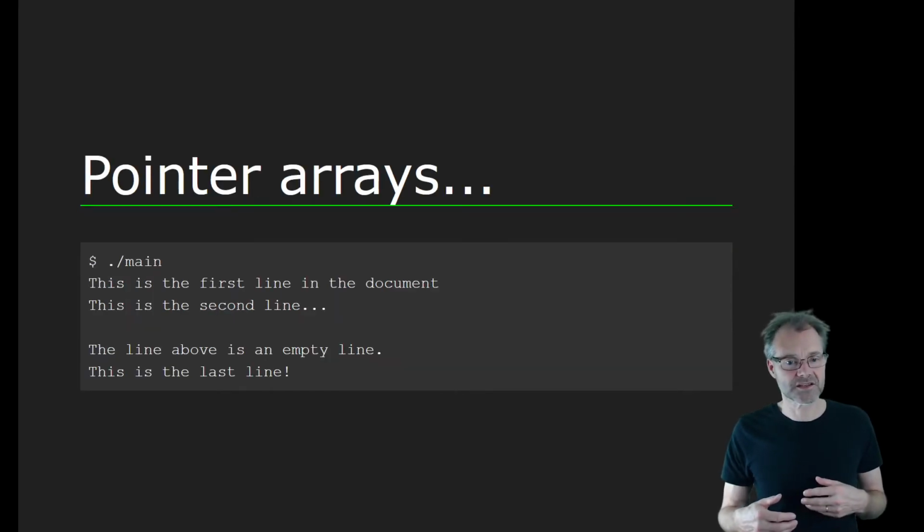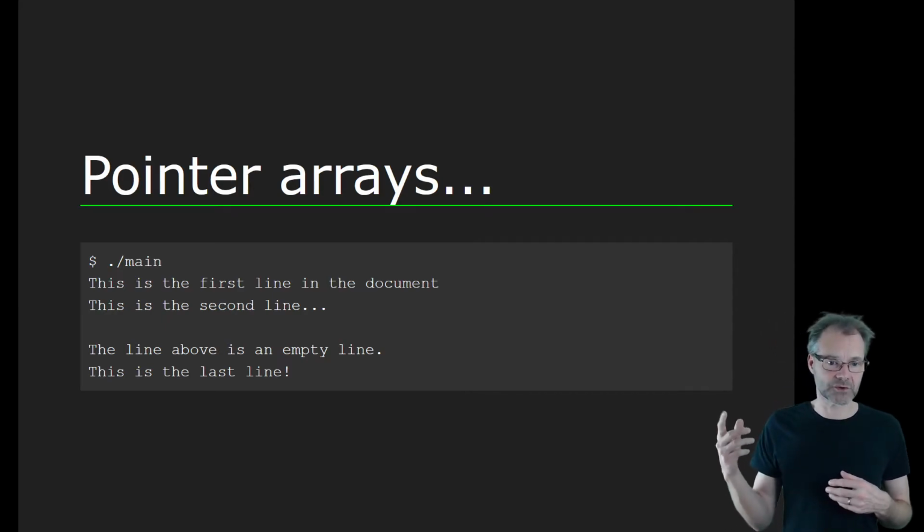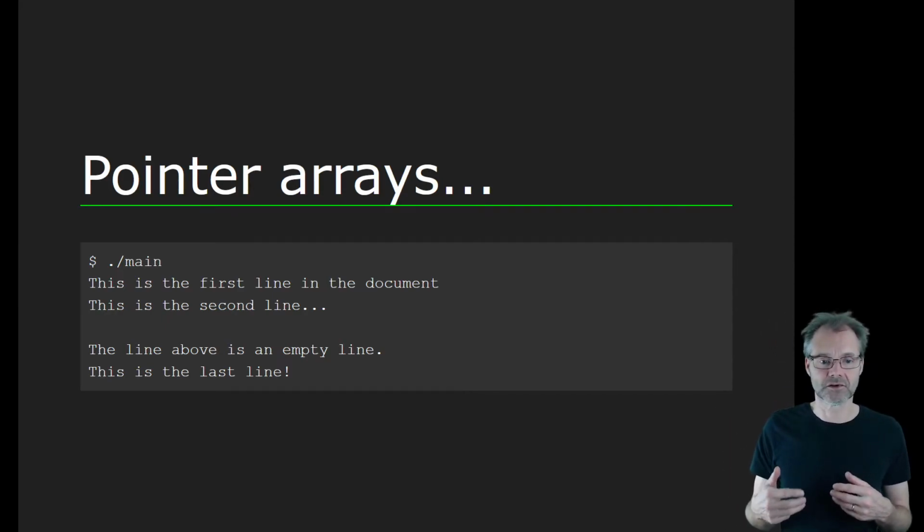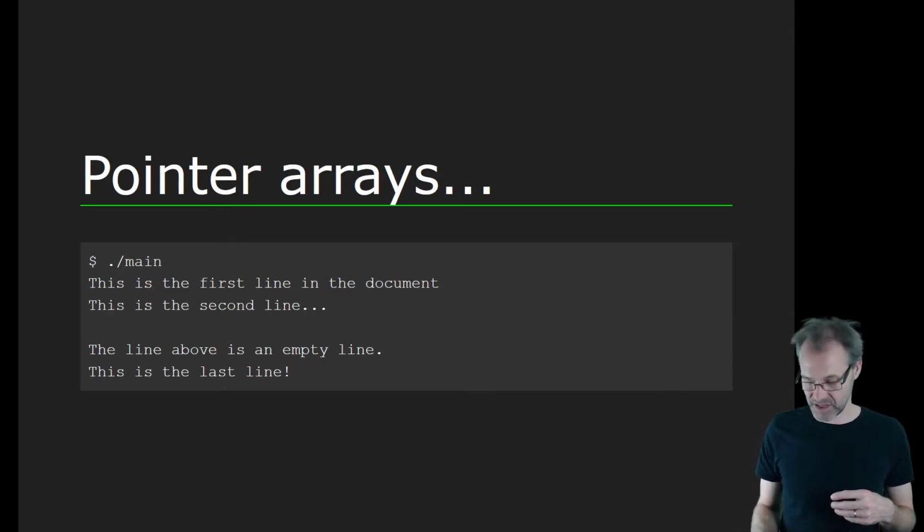If I execute this example program and print it out, it would look like this. So it's a small document implemented with an array of character pointers, or array of strings, here.